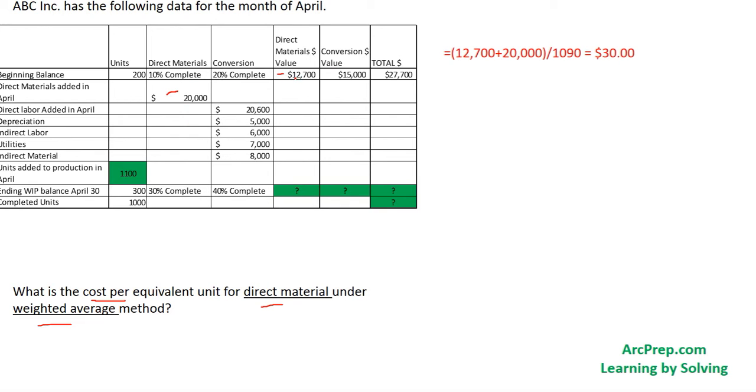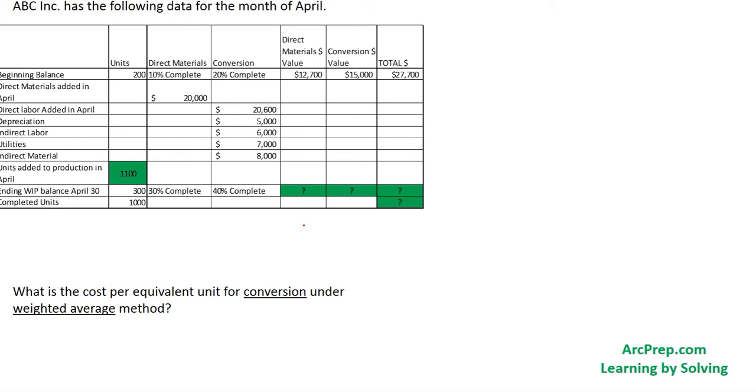So 12,700 plus 20,000 divided by the number of equivalent units. The equivalent units for direct materials as we calculated was 1090. If I do this division, I'll end up with $30 per equivalent unit for direct materials.